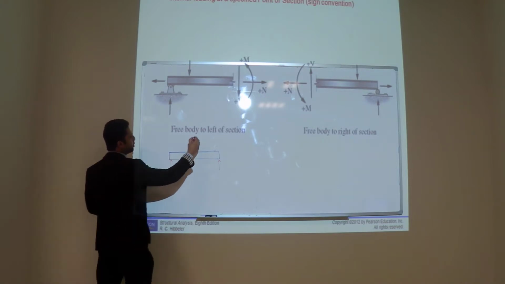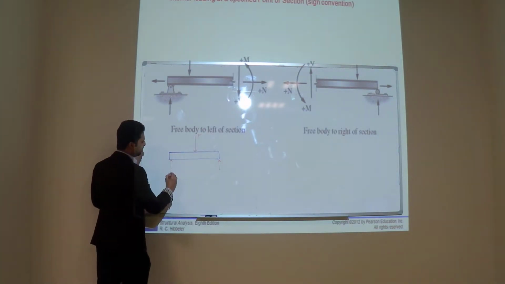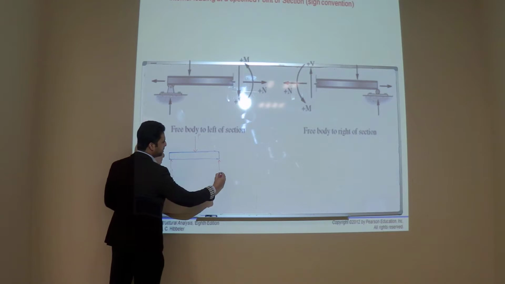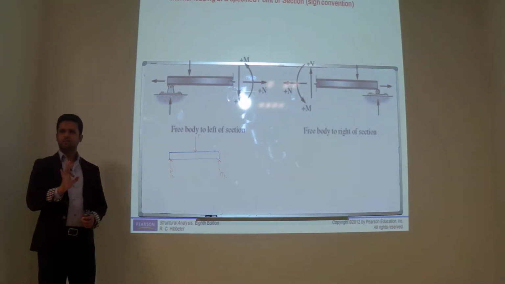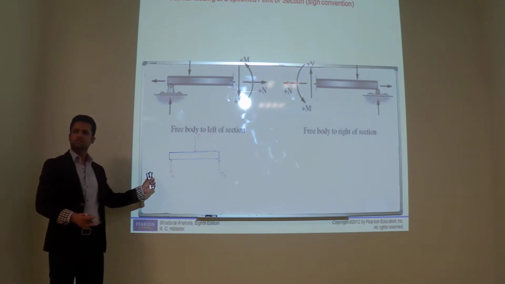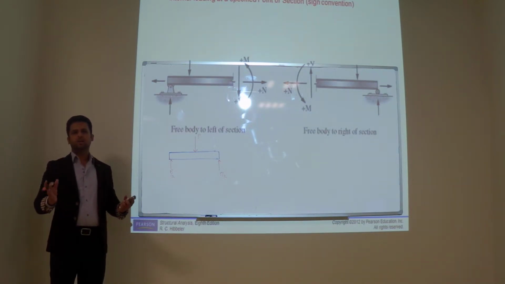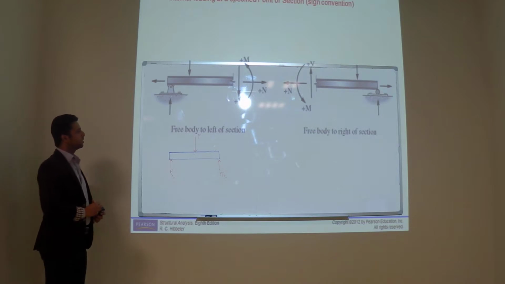If I say this force is P, this will be P/2, this will be P/2. Do you want to apply any axial force or no, in this case? Okay, we will discuss axial force later on.